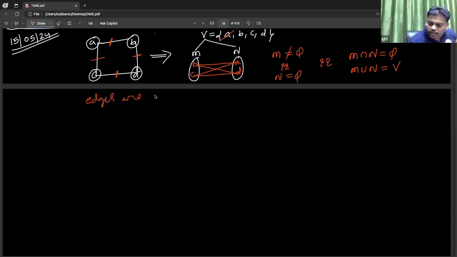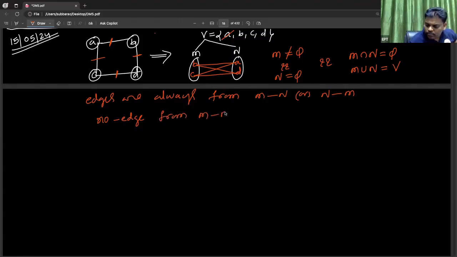Edges are always from M to N or N to M. No edge within M, no edge from M to M or N to N.